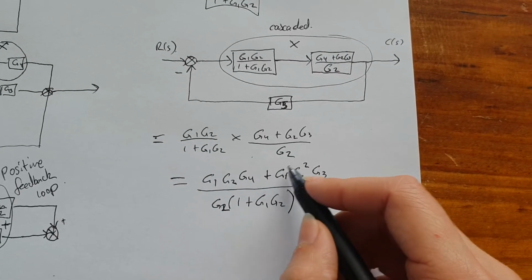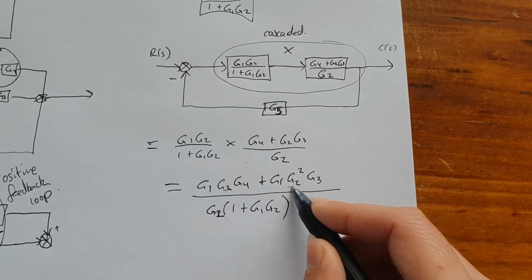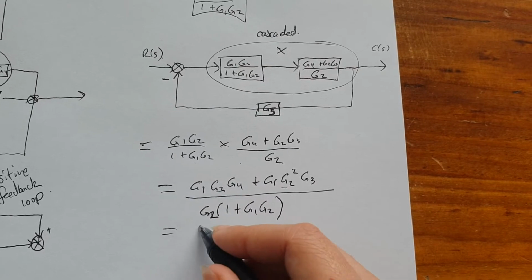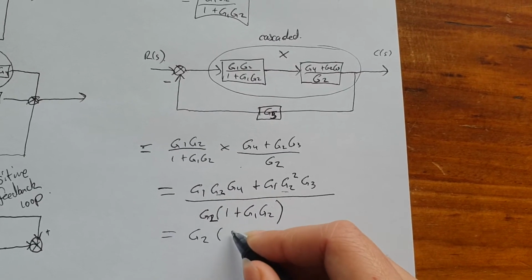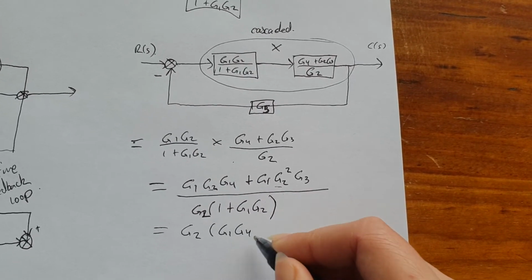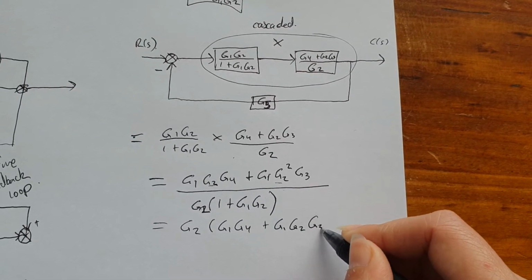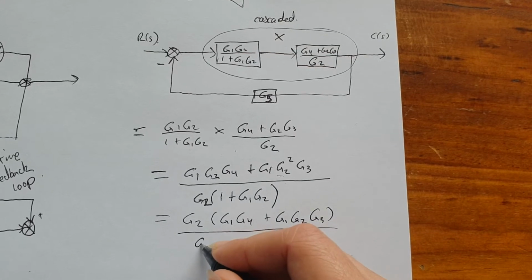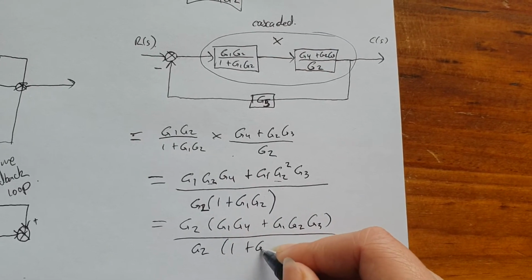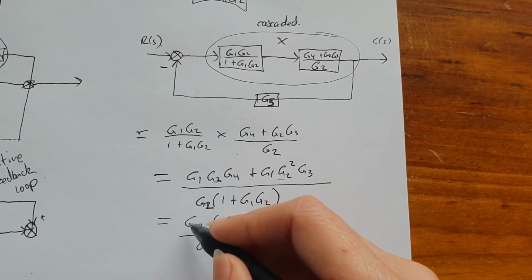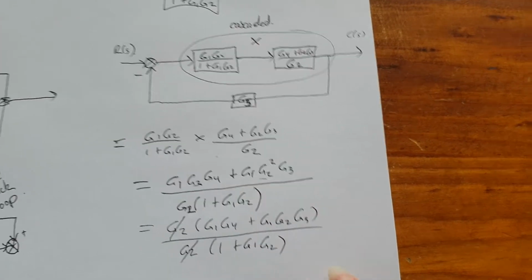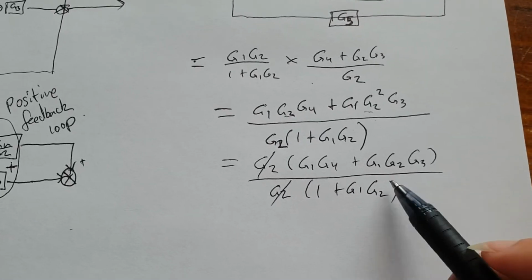So now we can see that G2 is common in the numerator, so we'll take that out again. G2, G1, G4 plus G1, G2, G3 over G2, 1 plus G1, G2. Cross that out, and we have our new function.